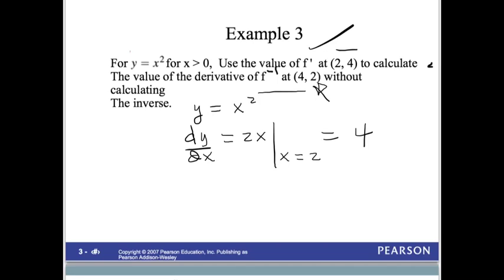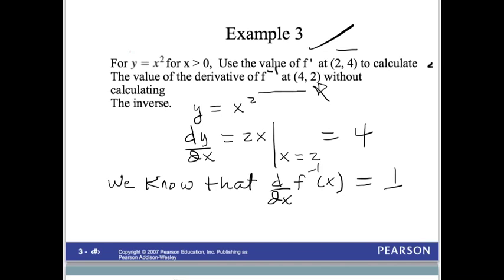So without calculating anything, we know that d/dx of the inverse function of x is going to be the reciprocal, 1/4, at the point (4, 2). See how simple that is?